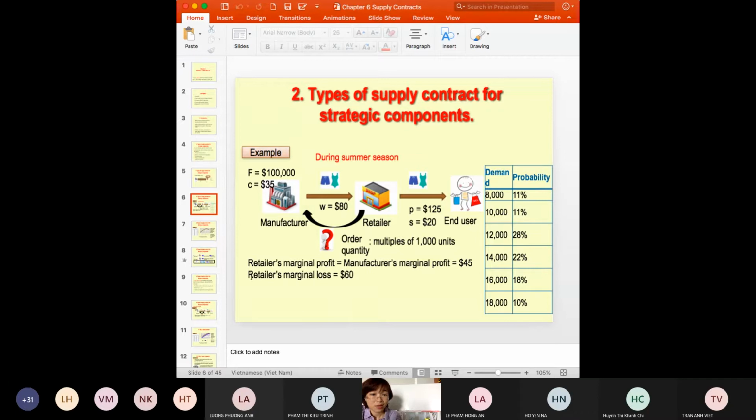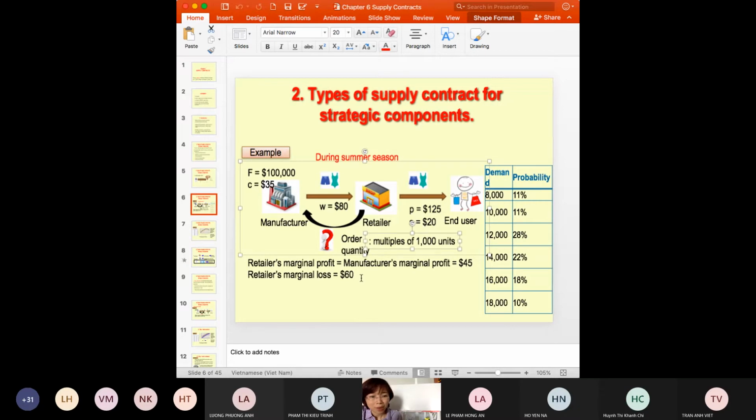But see here, the retailer's marginal loss, what the retailer could lose, is $60. Why? Because they buy from the manufacturer at 80, but if they cannot sell during the summer, they salvage it, so they just get $20.